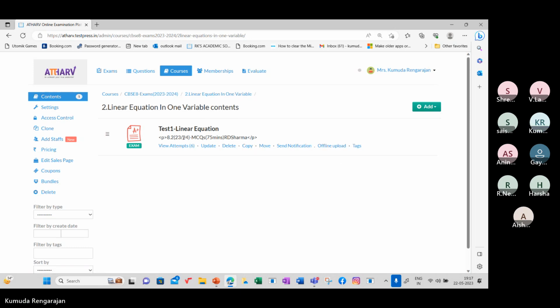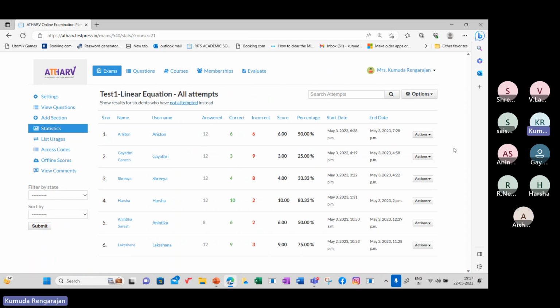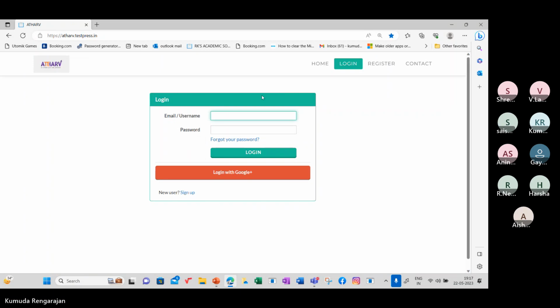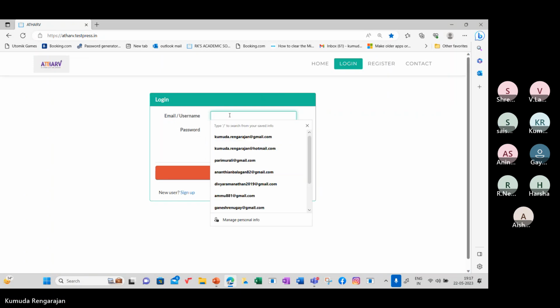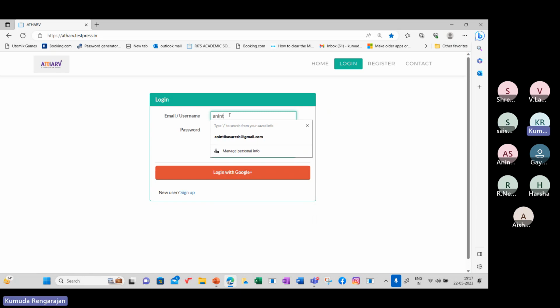So I can see everybody's, children, but your portal will be different. Let me log in from somebody's. I'll just use Anintika's. Okay.